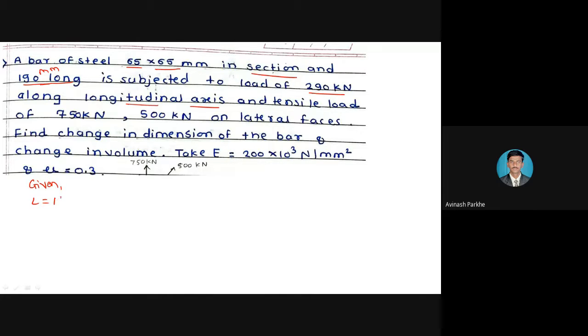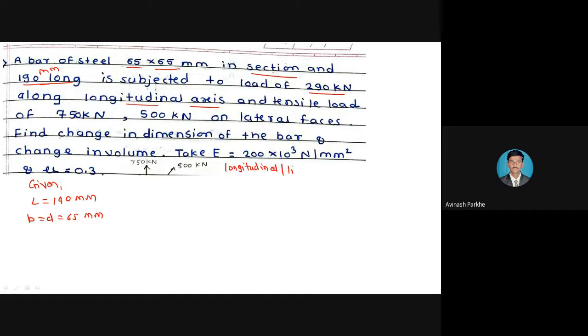Therefore, L is equal to 190 mm. I will write B is equal to D is equal to 65 mm. Okay. Now the 190 mm bar is subjected to a load of 290 kilonewton along the longitudinal axis. Now longitudinal axis means linear.